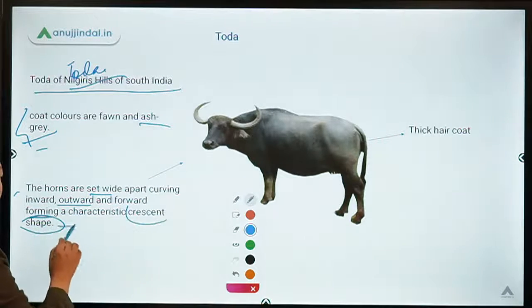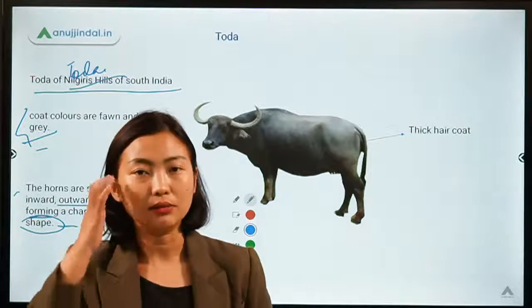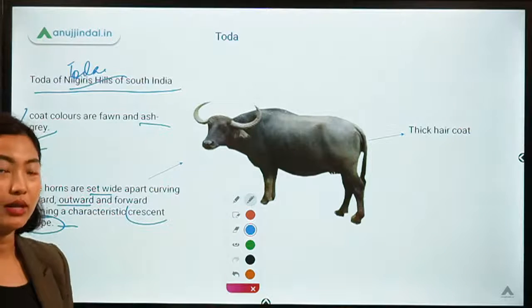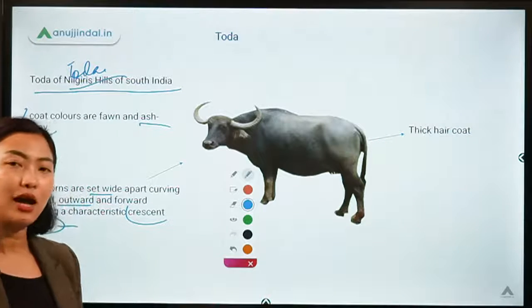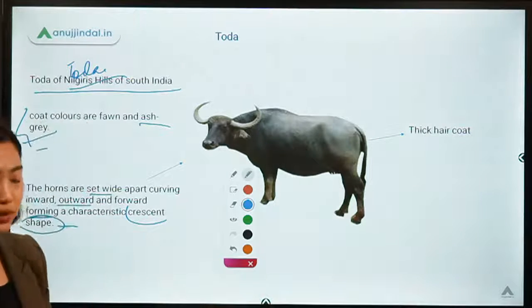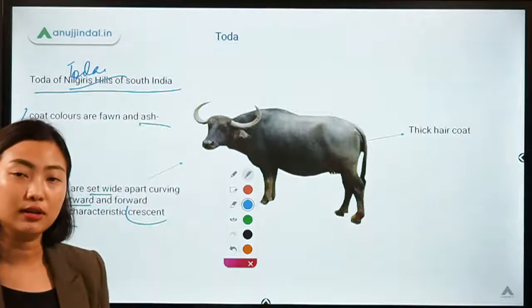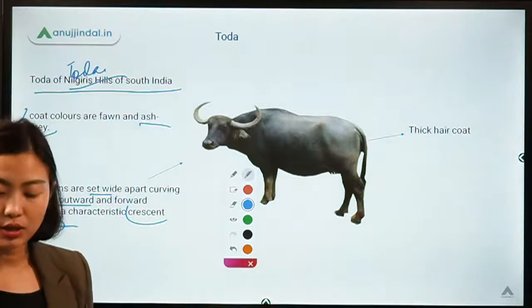So guys, whenever you are studying these breeds of animals, it's very easy to forget and get mixed up with all of these. But what you need to do is just try to pick out the keywords. Along the way we've already learned about the horns, whether sickle shaped or sword shaped.